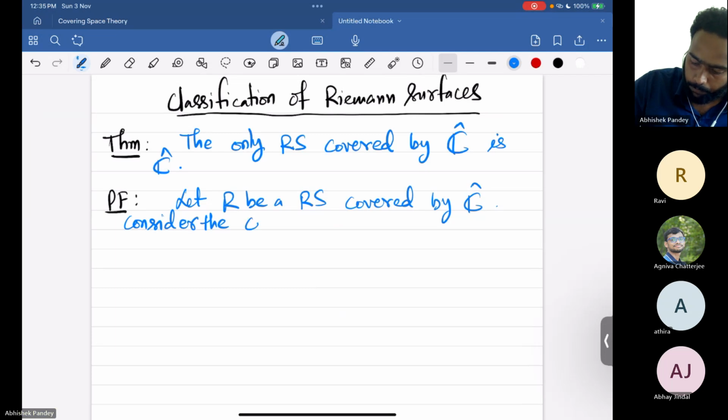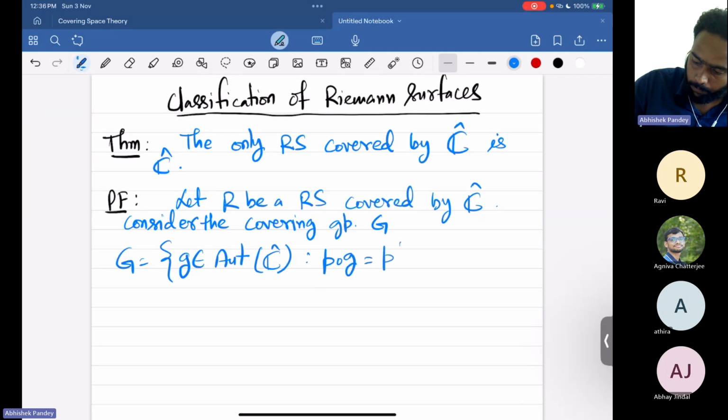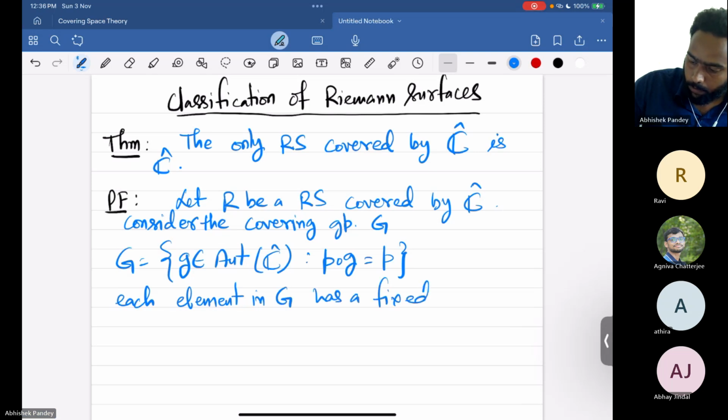Consider the covering group G. G is nothing but the set of G in the automorphism group of C hat such that P composed with G equals P. So here is the main thing: each element in G has a fixed point, isn't it?